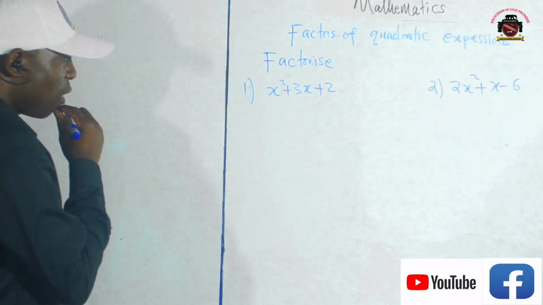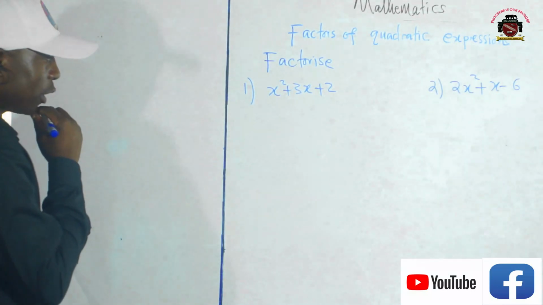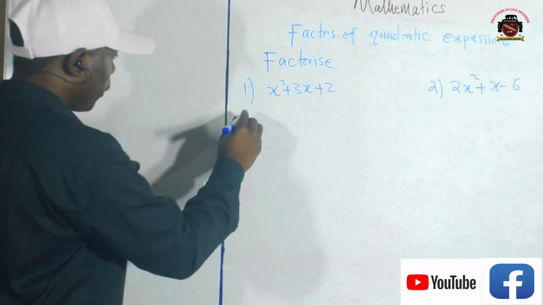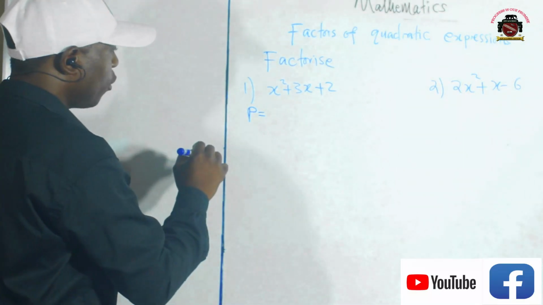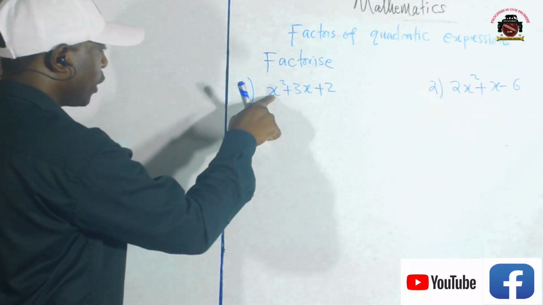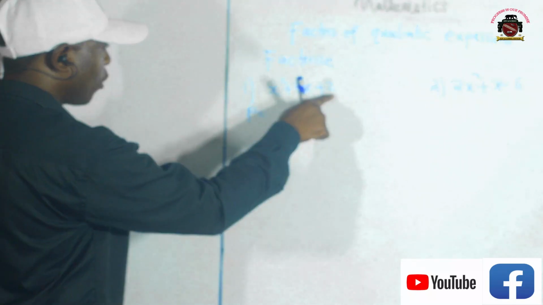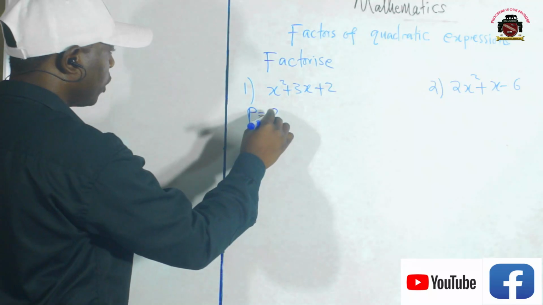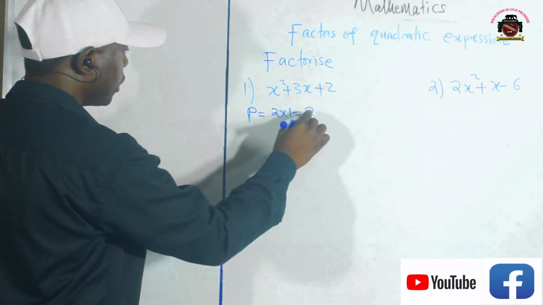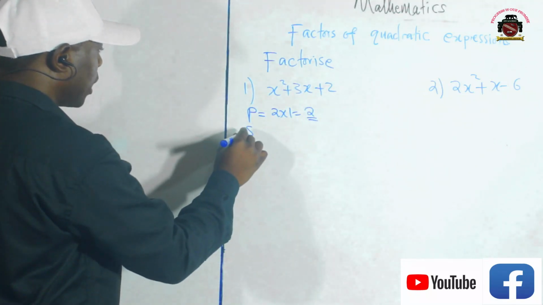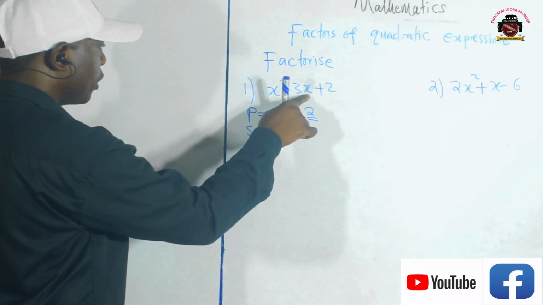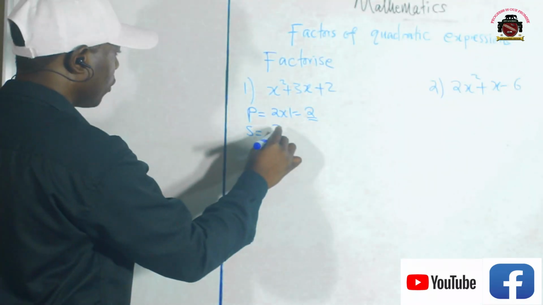On number one, we have what we call a product. A product is where you find the coefficient of x squared, which is 1, and the constant, which is 2. So we multiply 2 times 1, and what we get is 2. And then we get the sum. The sum is just the coefficient of x, which in this case is 3.